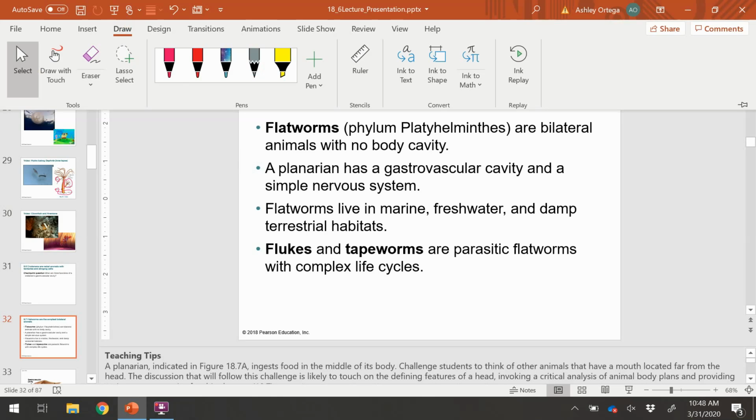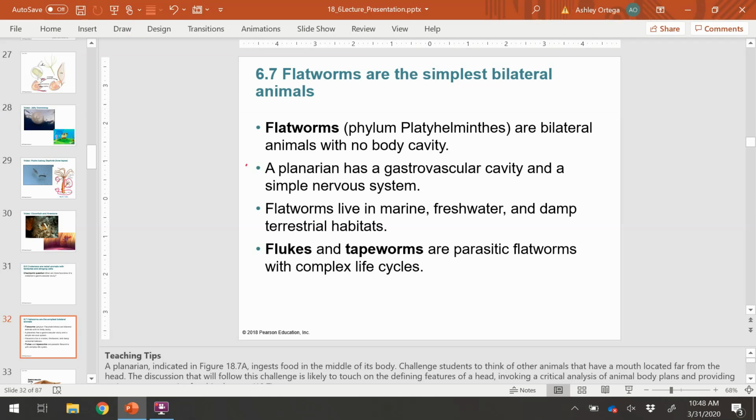This flatworm group consists of many different types of worms. One of them is non-parasitic, and that's the Planarian. Planarians are the only group that's non-parasitic or free-living.